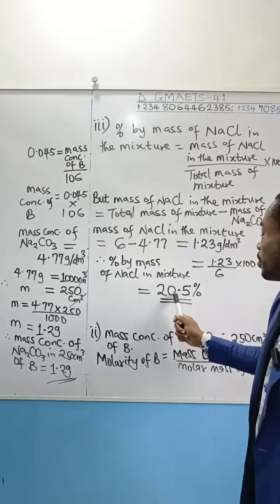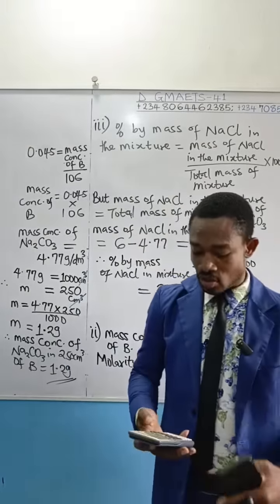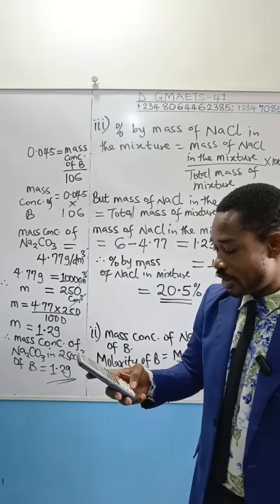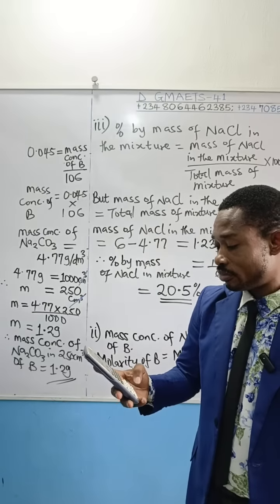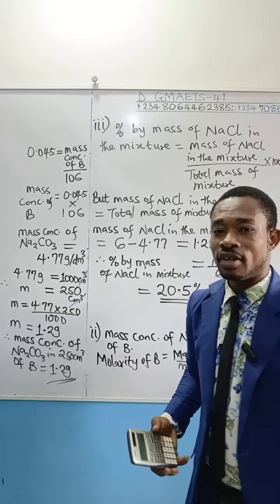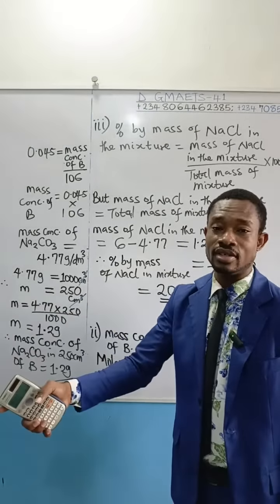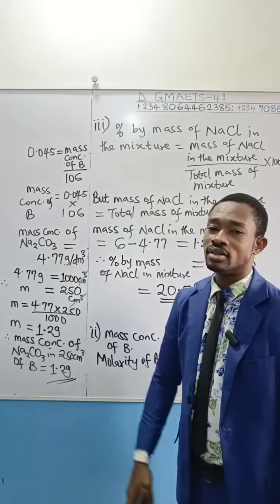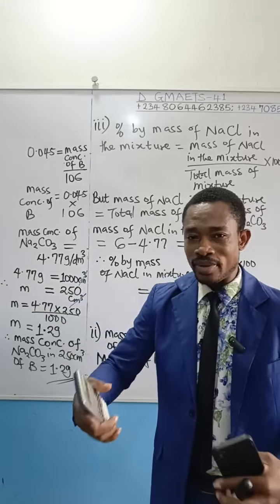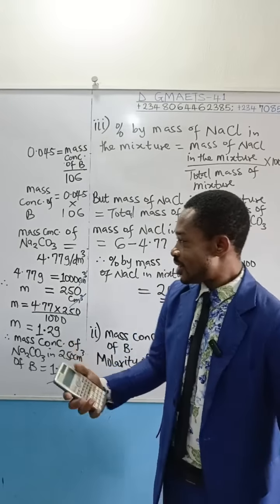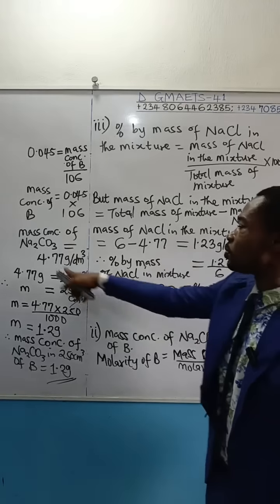If I do 100 minus 20.5, I think I should be getting about 79 point something, right? 100 minus 20.5 is 79.5. That 79.5% will actually be the percentage purity of this guy. That's what I feel. And I guess we can also use our normal percentage purity formula to confirm that 100 minus this will now give you the percentage purity of sodium carbonate.